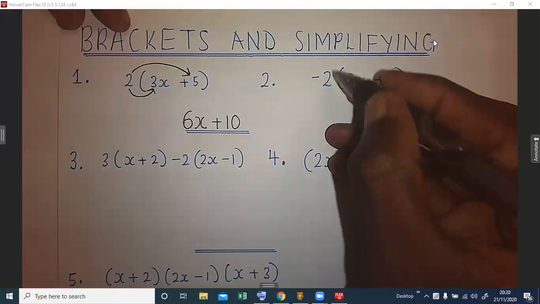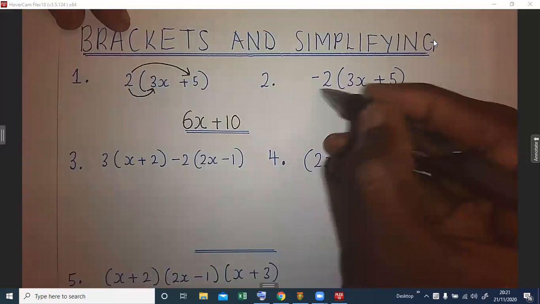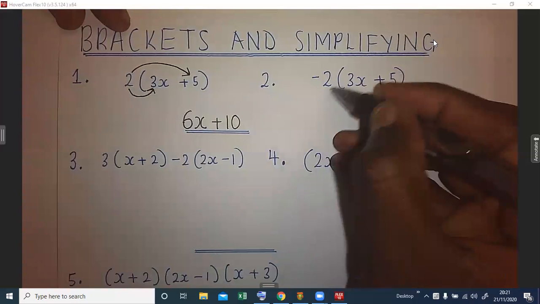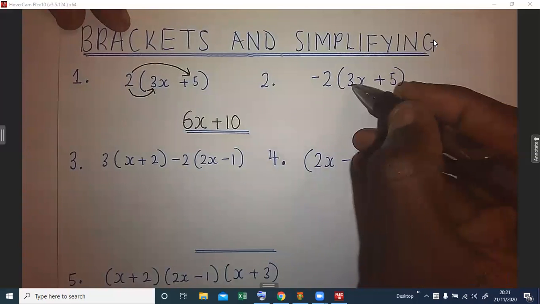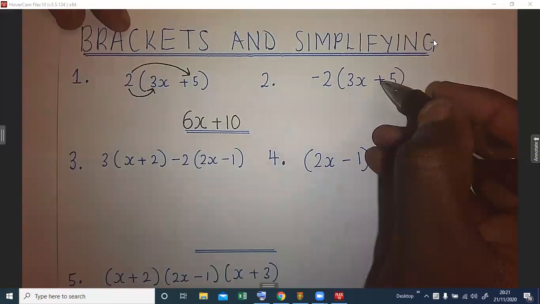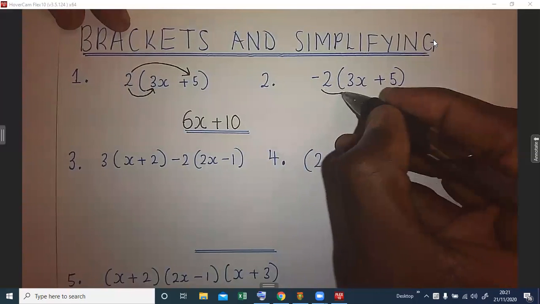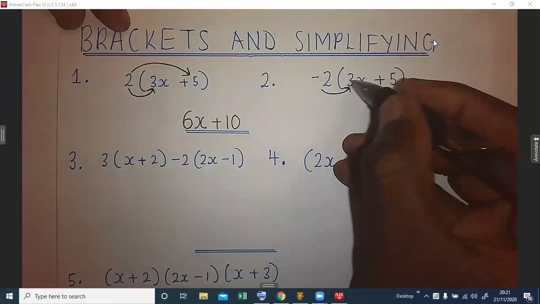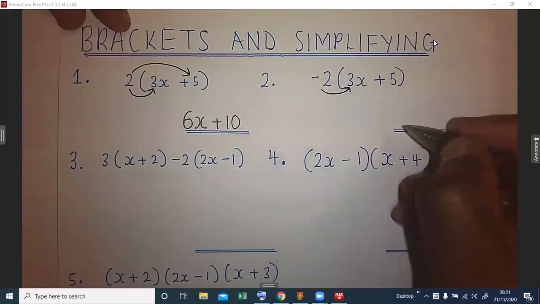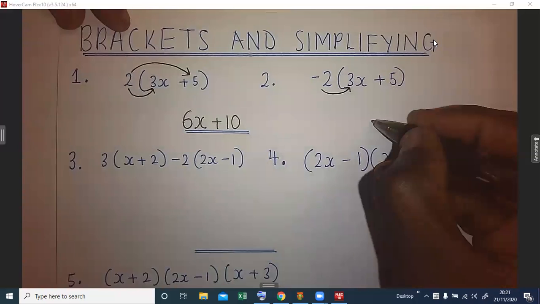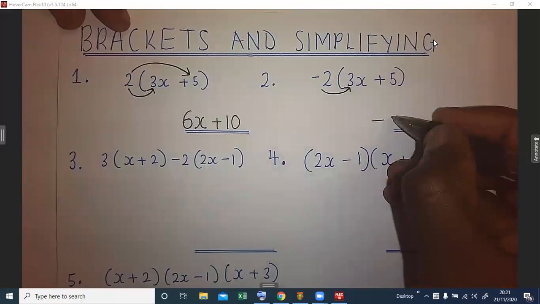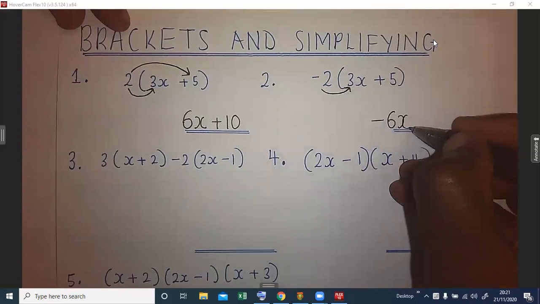When you look at example 2, it's showing us that if the number is negative, it will always affect the inside signs. So if you have -2 and you're going to multiply it by +3, our result will also change based on the operations we use, and it will become -6x.